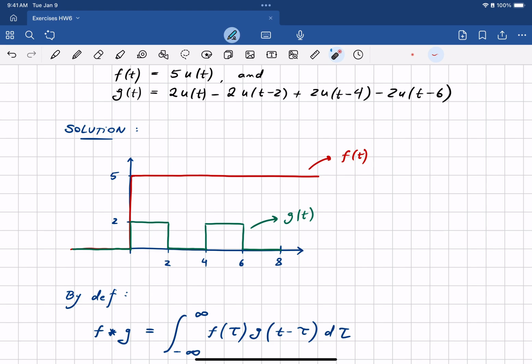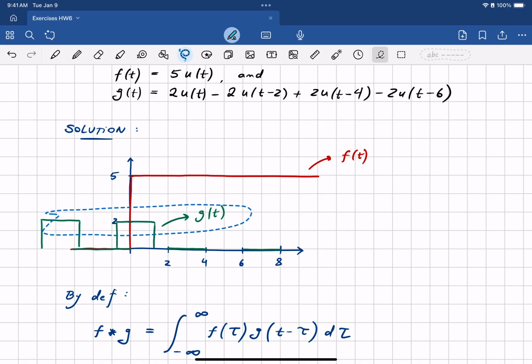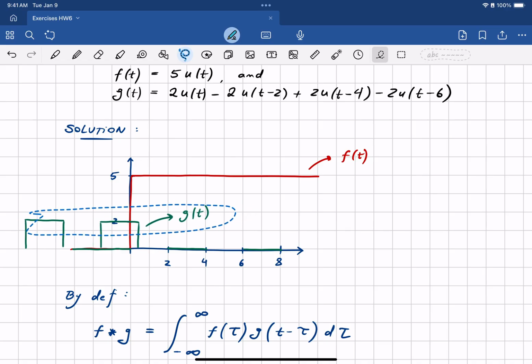the multiplication of those two signals, but in a moving window. If I take this function and I move it from left to right, and at this instance the two functions are multiplying each other, 2 times 5, and we get something.